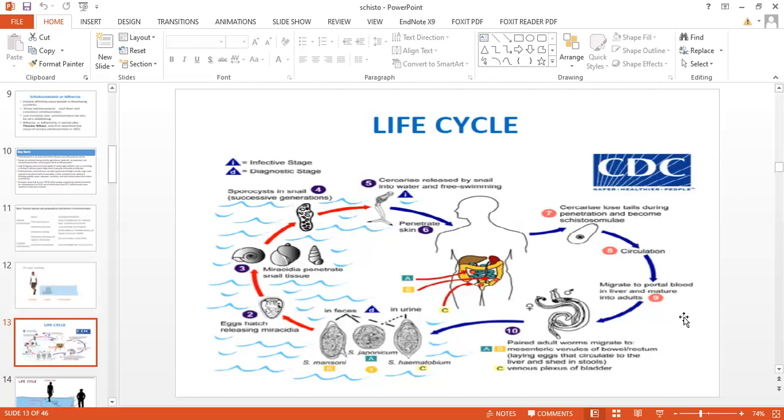And while in the circulation, most migrate through the portal blood system to the liver and mature into adults. The paired adults migrate to the mesenteric venous plexus of the bowel or liver, while the other form finally resides in the venous plexus of the bladder.